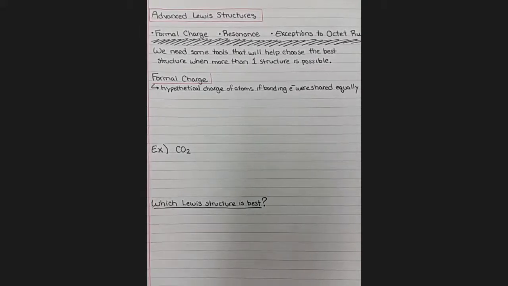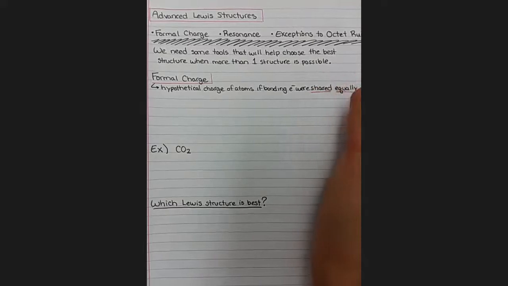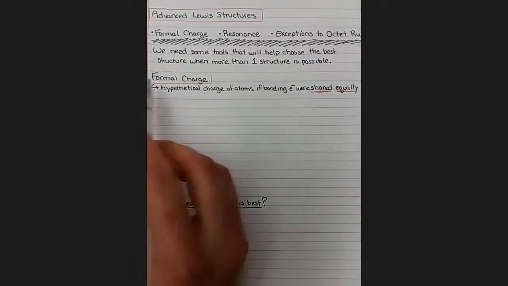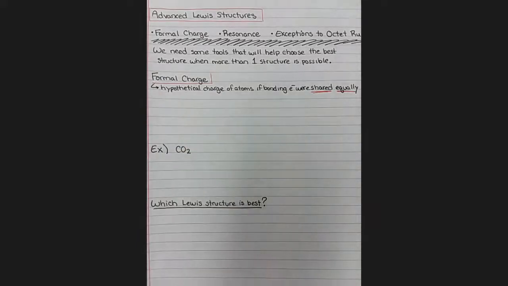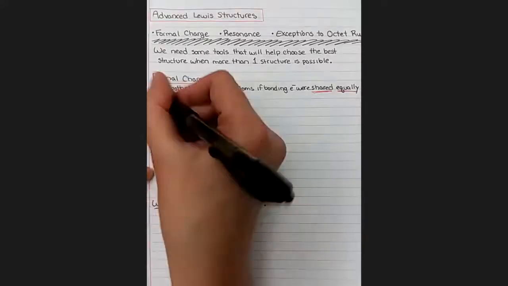As you might have guessed, there is another type of charge we can assign that assumes unequal sharing. The way I remember that formal charge is equal sharing is that formal charge is formal. In a formal setting, you're on your best behavior and you always play nicely with others, so you share your electrons equally with your partner.